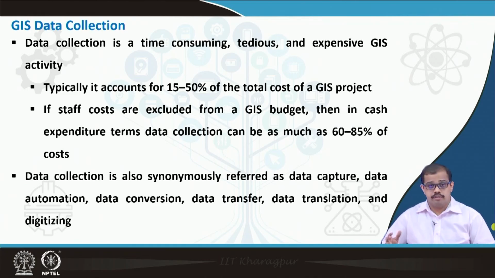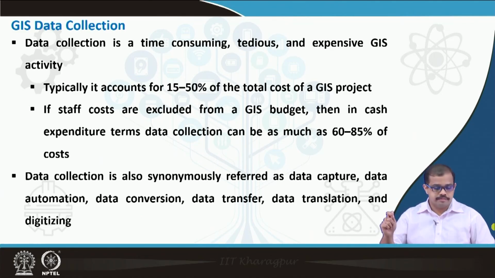If you just take out the staff cost, the person who is actually collecting the data, almost 80 to 85% of the entire cost is in terms of data collection. Anyone who works with GIS will tell you that the data itself is what matters, but you can get data yourself. It may not even cost more, because it will cost more only if you do not know the sources of actually getting the data.